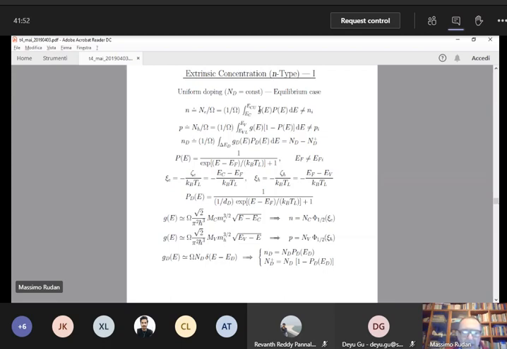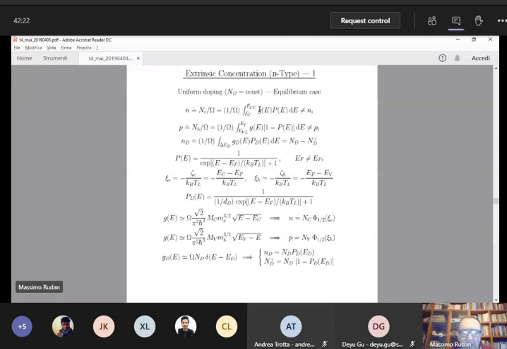Then we multiply it by the probability of occupation PD of the donor states. And then we integrate over the width of the stick that is called delta ED. Okay, it is the width along the energy axis of the stick that we have commented before.